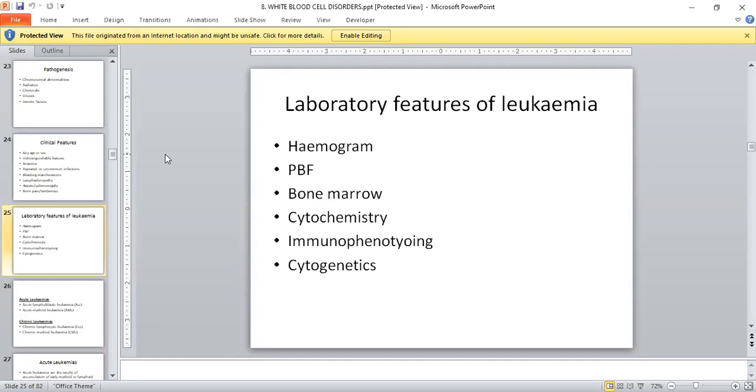You can already imagine how many immature ones you find for such a diagnosis. Most of them will be either immature or with visible problems. You can also do a bone marrow profile, bone marrow aspiration, just to see how it's functioning. You can do cytochemistry, immunophenotyping, or cytogenetics.